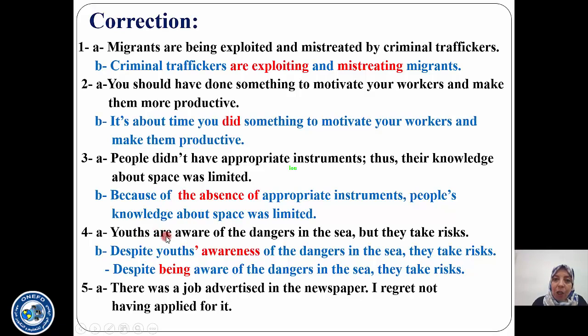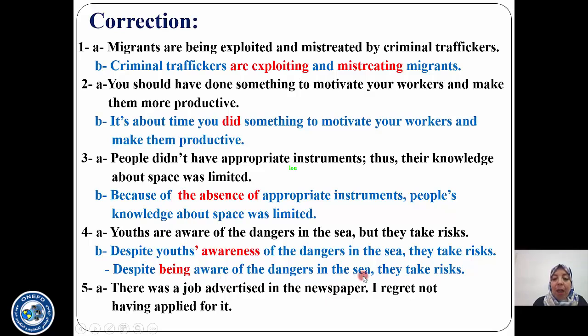You add ing and you get a gerund. So it can be used with any other verb: have, having, make, making, and so on. So if the verb is in the past, first turn it into the infinitive and then add ing to get the gerund.